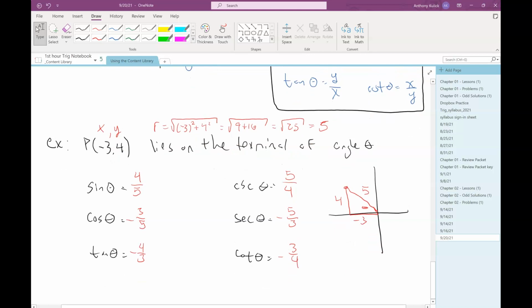Because again, once you've drawn that triangle, we call that a reference triangle, by the way. When you draw that triangle based on your standard form angle like that, notice when I drew this triangle, I'm always drawing the perpendicular back down to the x-axis.